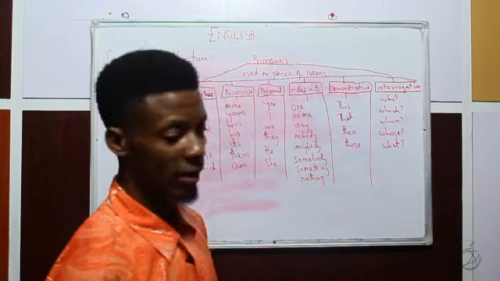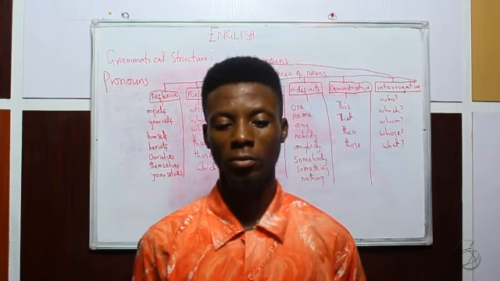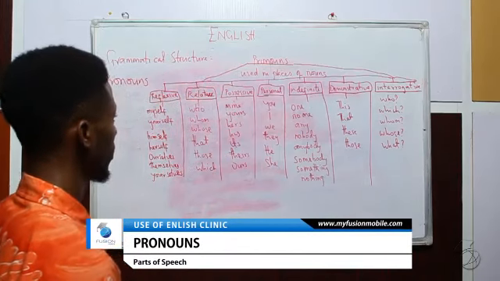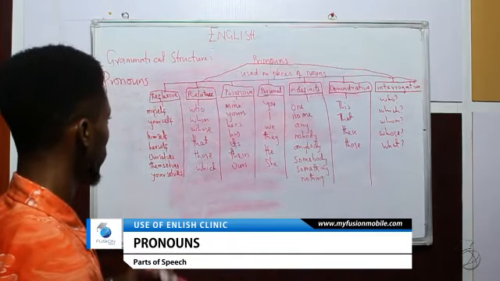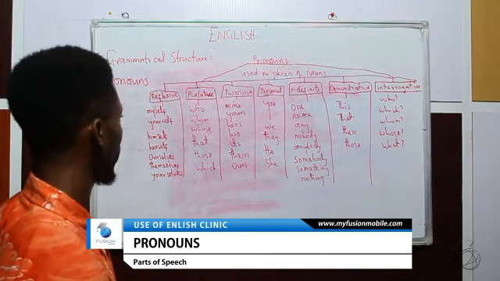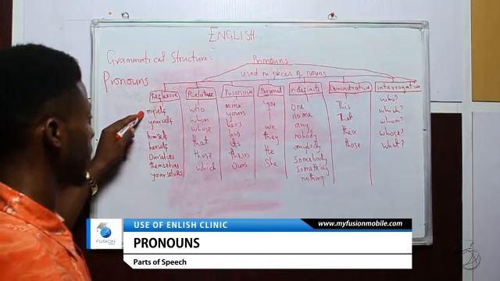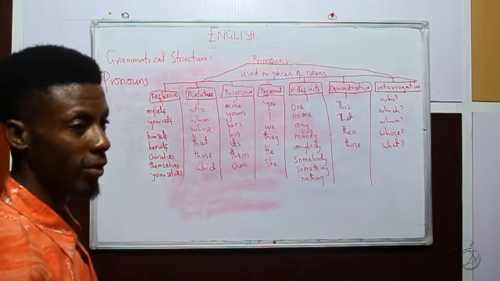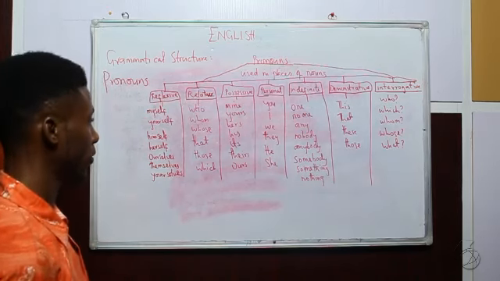On the board here is a table that shows the different classes of pronoun. Let us take a look at these pronouns and their examples. We have reflexive pronouns: myself, yourself, himself, herself, ourselves, themselves, and yourselves.